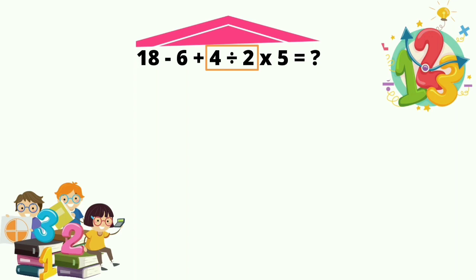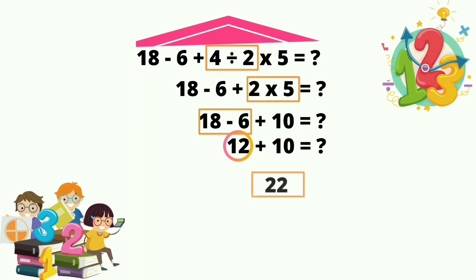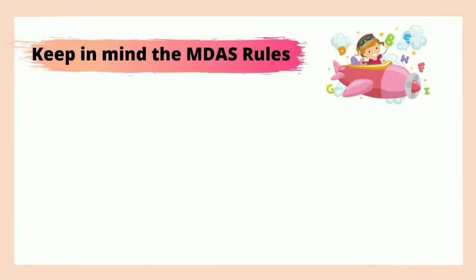Applying the rules, we first divide 4 by 2. We get 2, then multiply with 5, and that is 10. 18 minus 6 is 12, plus 10, we get 22. If your answer is 22, then you are correct.